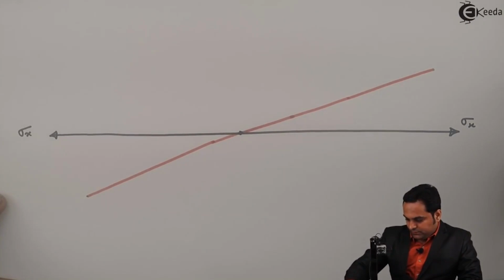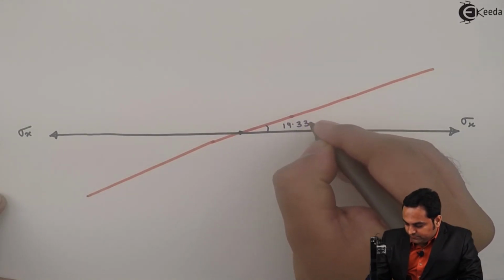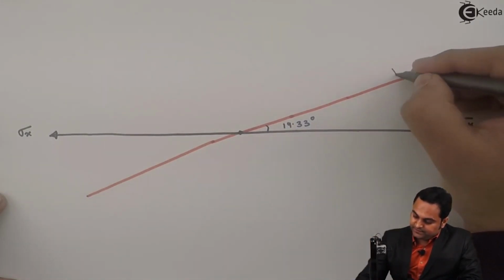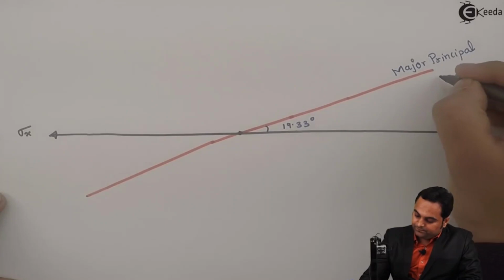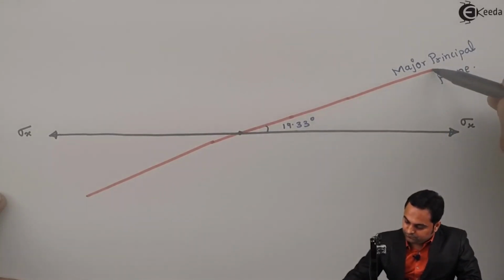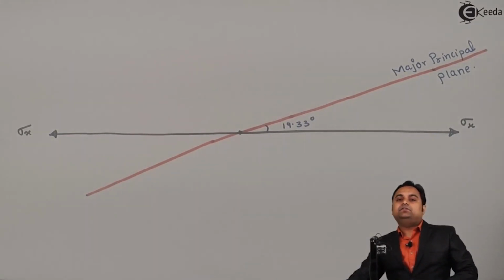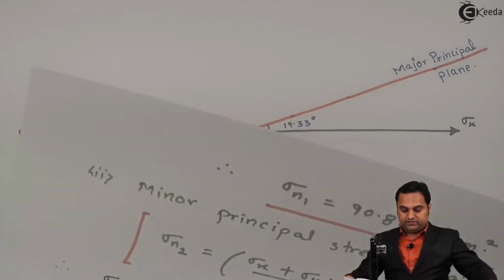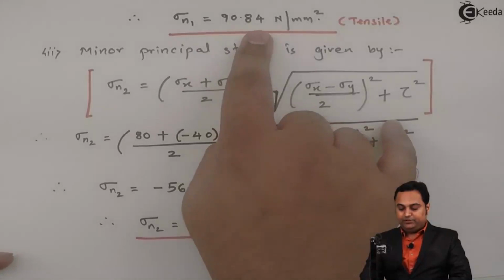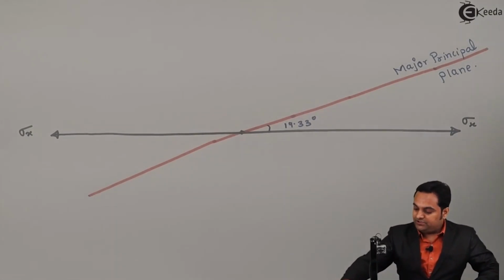Now this angle has a value of 19.33 degree, and this is my major principal plane. Now this major principal plane will carry the major principal stress, and that was sigma n1. So we have found out sigma n1. Yes, it was 90.84 Newton per mm square. So on this plane there is a major principal stress.